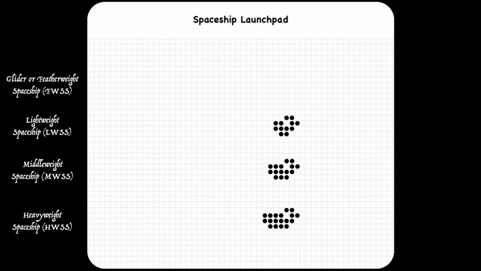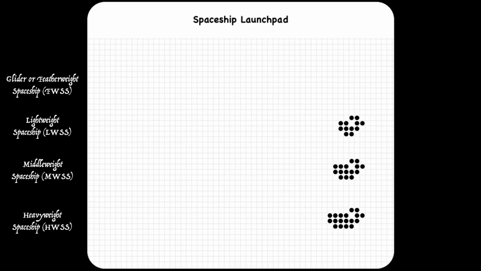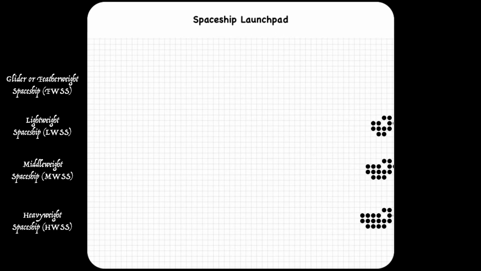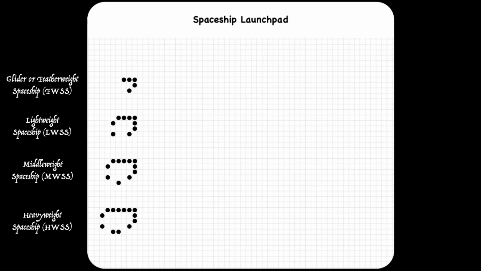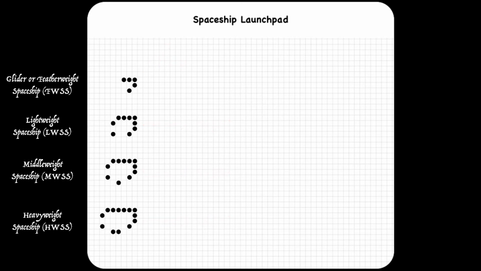There we've increased their speed somewhat. And off they go. So there's the family of spaceships. So the glider goes off in a diagonal direction. The other 3 go in what we call an orthogonal direction.